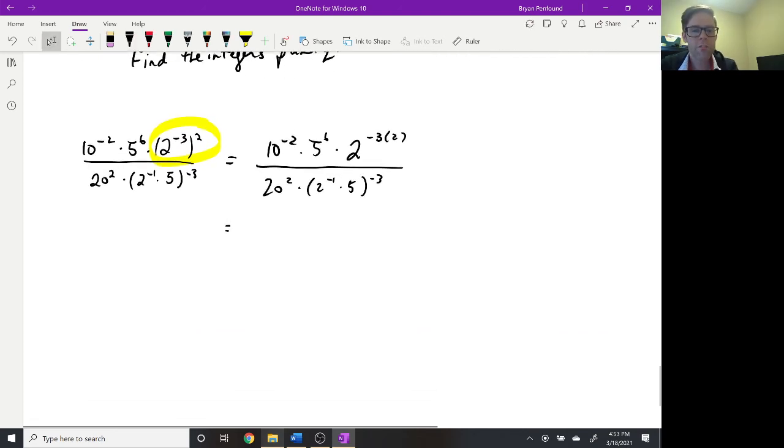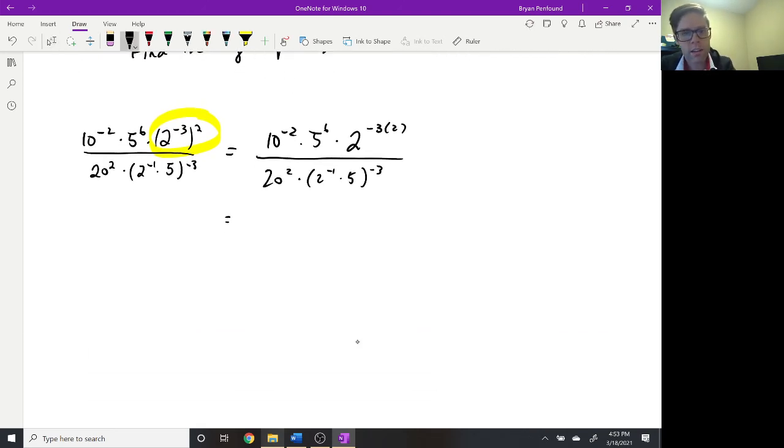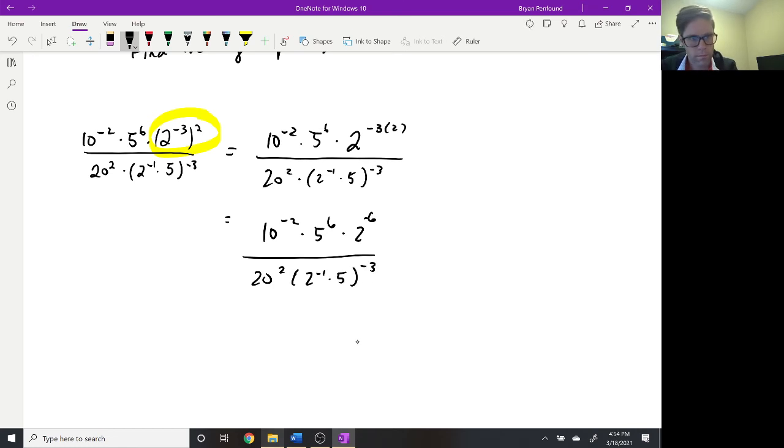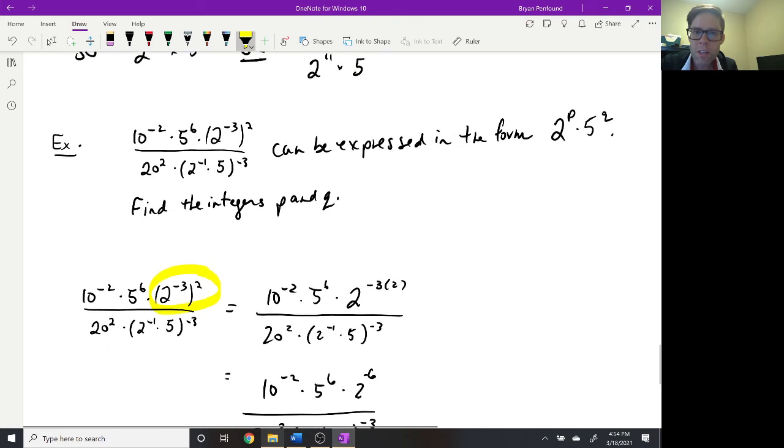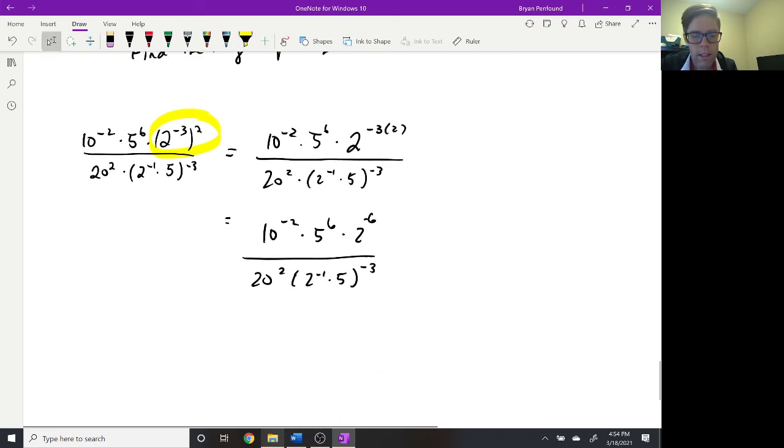And maybe I'll leave my highlights here too, so you can see what we are breaking down. Okay, negative 3 times 2 is negative 6. Now, it pretty much looks like the numerator is pretty good, but I know that my final answer has to be 2s and 5s only.